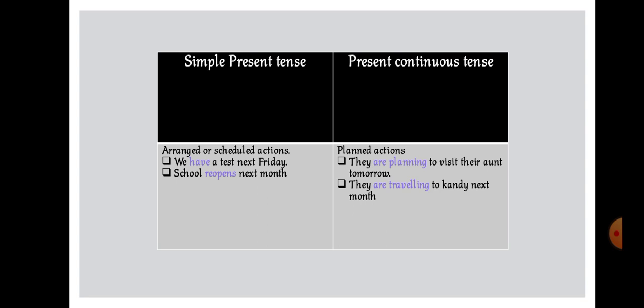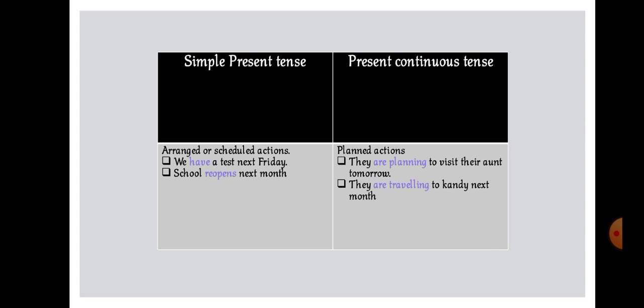First of all, the simple present tense. Simple present tense is used to talk about future-related actions when we want to talk about scheduled events in the future. Scheduled means something already arranged. For example, I can take your school timetable. That's a scheduled event, already scheduled previously for the whole week.